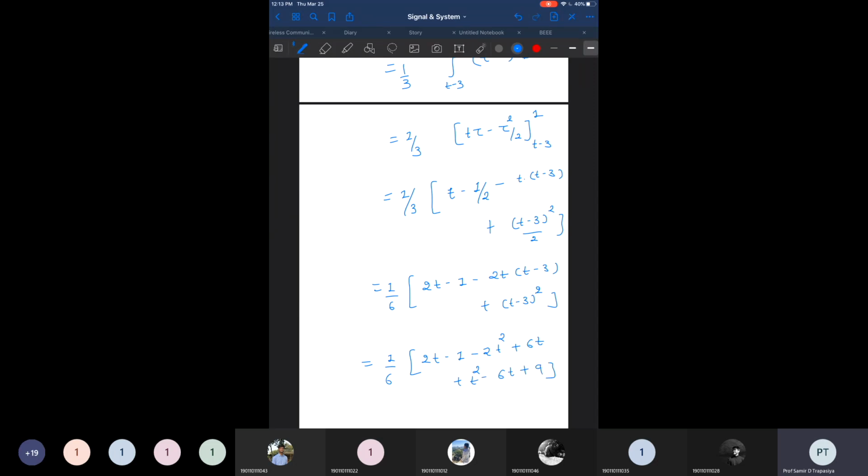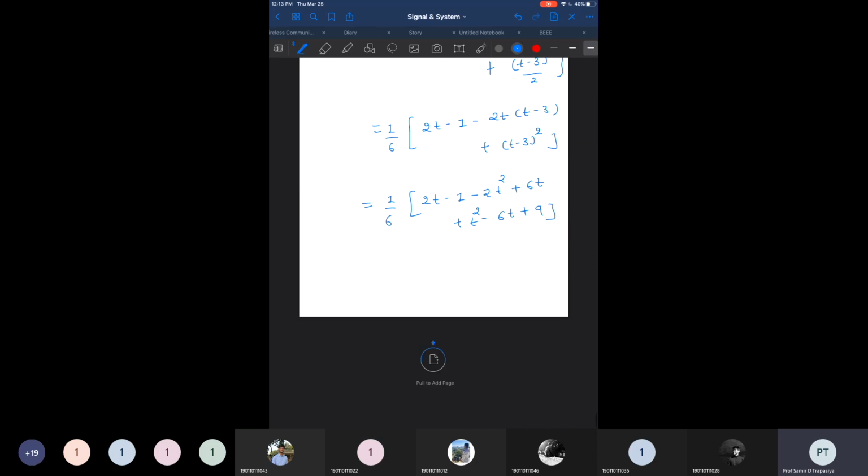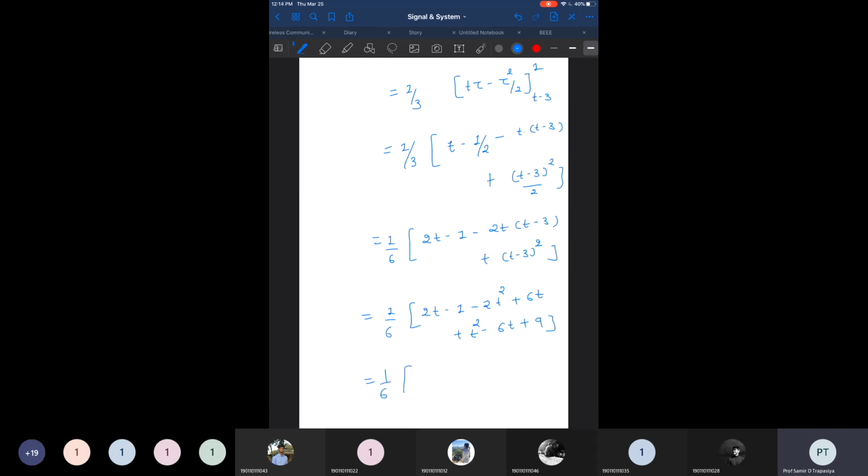Solving further, minus 2t square plus t square becomes minus t square, plus 2t, the 6t will be cancelled, and 9 minus 1 becomes 8. So here we are left with 1 by 6.